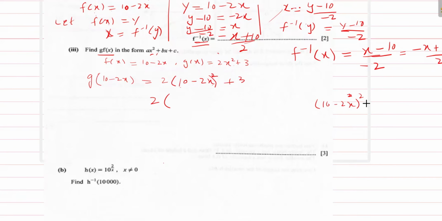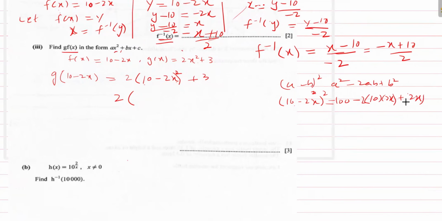We will expand this according to the identity a minus b whole square. This will be equal to a square minus 2ab plus b square. And this is 10 square is 100 minus 2 into 10 into b, which is 2x, plus 2x whole square. And this will be equal to 100 minus 40x plus 4x square.